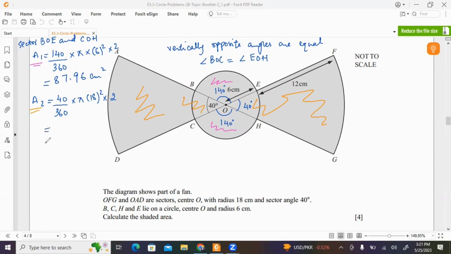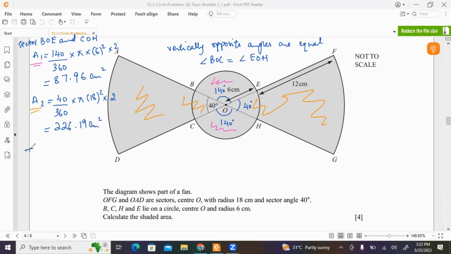So once again, just plug it in the calculator. 18 squared times 2 times pi, and the result is 226.19 centimeters squared. That is your value of A2.